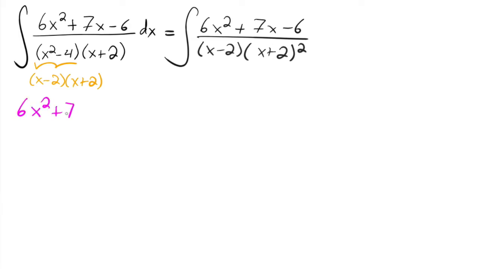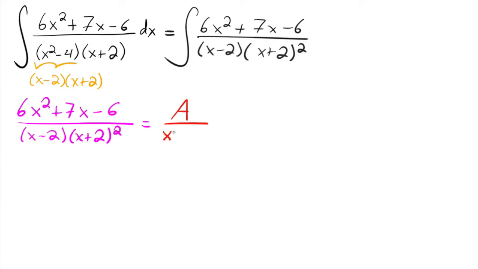So in that case, we would get (6x squared plus 7x minus 6) over (x minus 2)(x plus 2) squared. We're going to break this up into A over the first factor, x minus 2, plus B over x plus 2, since this is a repeated factor, and then plus C over (x plus 2) squared.